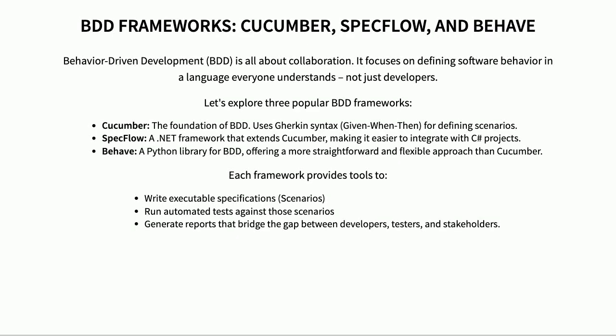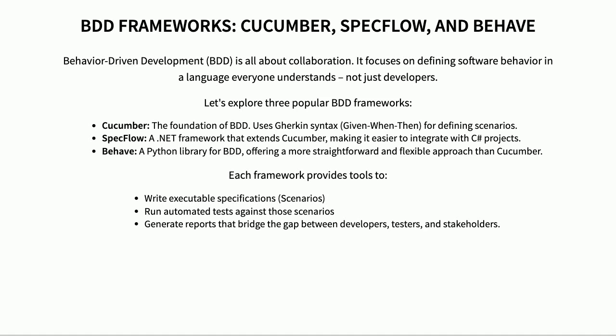Okay, let's talk about BDD. It's all about making sure we're building software that meets everyone's needs, not just the developers. BDD is a way of thinking where we describe what the behavior of our software should be in plain language. Cucumber is really the core idea behind BDD. It uses something called Gherkin syntax, where you'll see given, when, and then used to clearly outline each step.